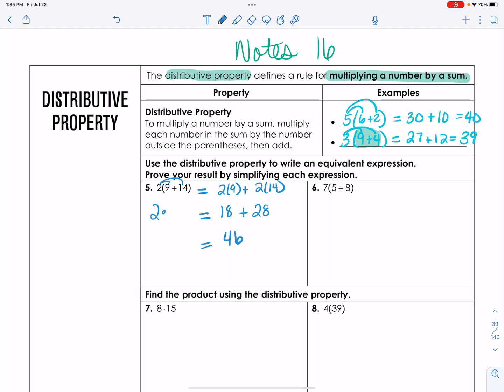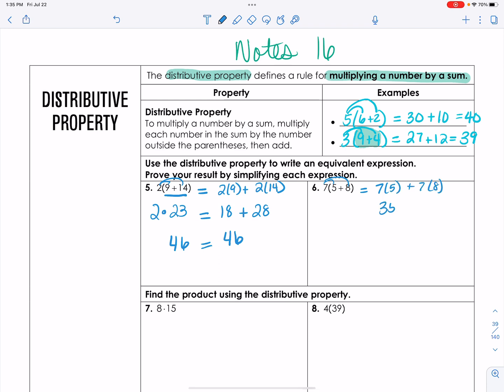This is also 2 times 23 if I added them together, which is also 46. So you don't have to use the distributive property, but if it's big numbers, it works a little easier.